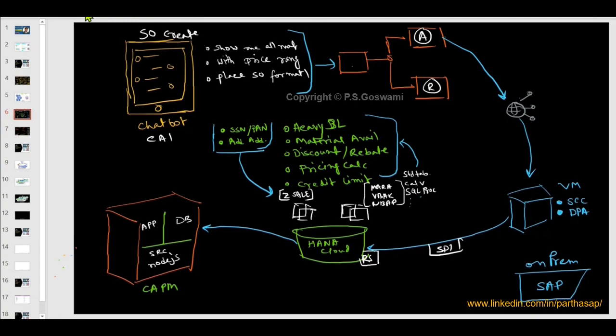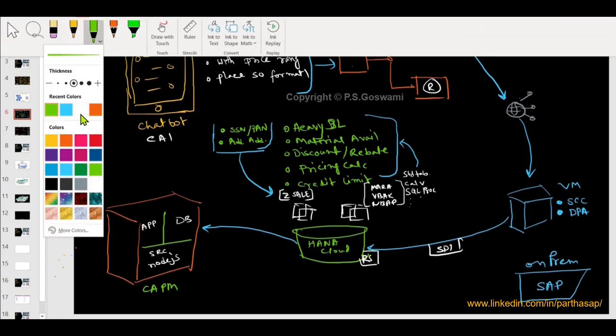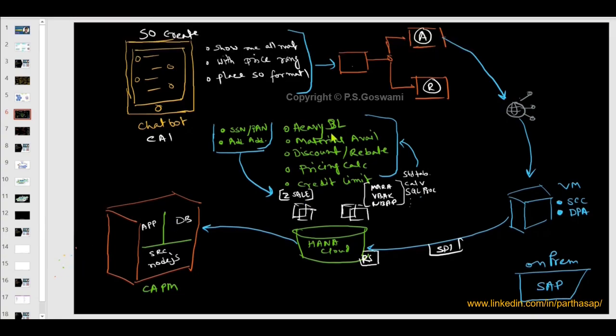And on top of this CAPM framework, when you want to use the APIs, the business logics operations, the calculations in your applications, the front end applications. Here in our scenario, it is a chatbot application. You want to expose that as an API.